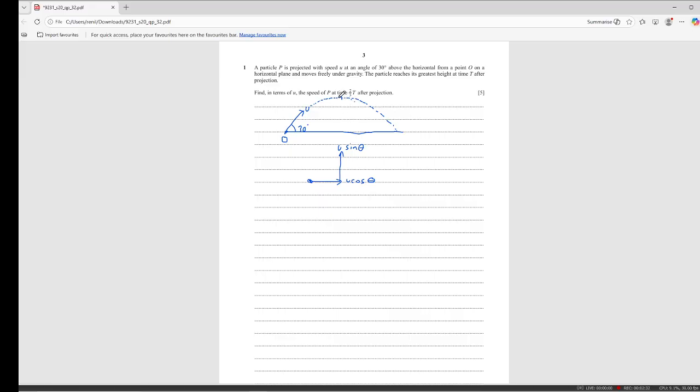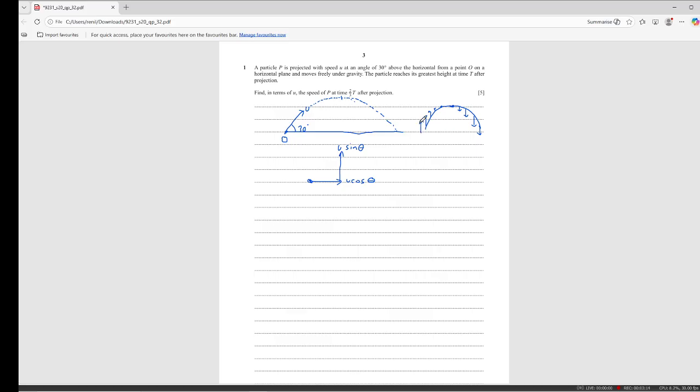At the peak you should understand that there is no vertical velocity at that point, even though there is still acceleration. At first it's going up and decelerating, then it reaches 0 at the top, and then it moves with greater and greater downward velocity.